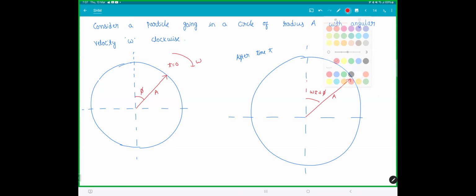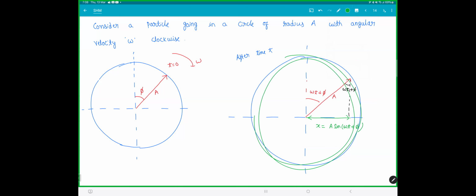This is A. So from here, if you drop a perpendicular, this angle is also omega t plus phi. You will realize this would be your x coordinate, which is equal to A sine(omega t plus phi). Is that making sense? So the omega and phi do not belong to the particle going in SHM. Omega and phi belong to a particle going in a circle. And what you're studying is actually the shadow of the circle, isn't it?